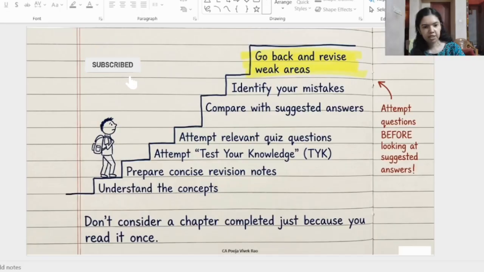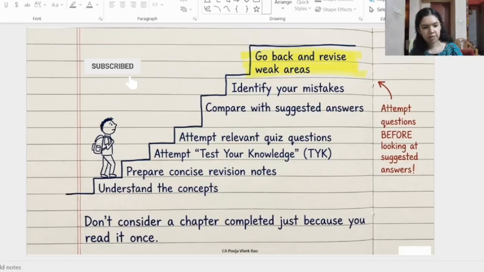Then step number 3, attempt the test your knowledge questions in the study material. And step number 4, in your study material there are relevant quizzes also. So try to solve those also. You have to attempt all this without checking the answer. Then in step number 5, you will compare your answer with the suggested answer. And step number 6, you will identify your mistakes.